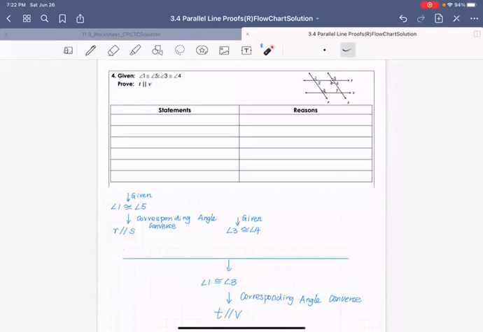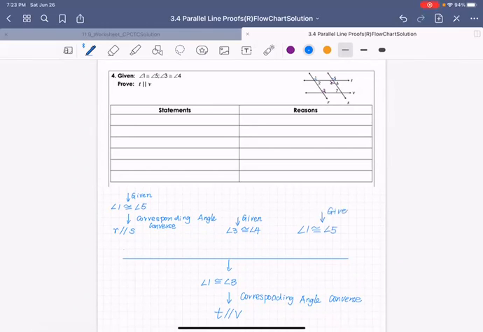How do we get angle 1 is congruent to angle 3? We also have angle 1 is congruent to angle 5, yes? So we can say angle 1 is congruent to angle 5. This is also given, right?